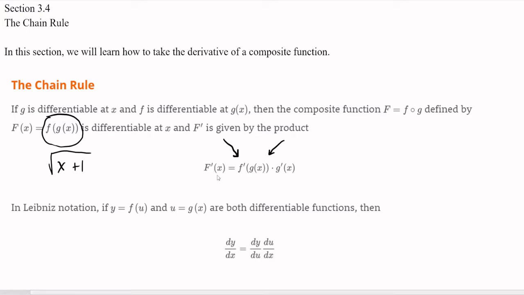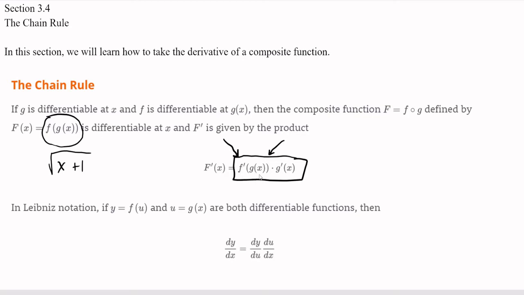Now, you see here different notation for this. I'm not a huge fan of this notation. I think it's more confusing to look at, so I would suggest just sticking with this. F prime of g times g prime. I'll even say it a little bit more to emphasize this is not multiplication. F prime of g, got to plug g back in, times g prime. That's a common mistake, multiplying f prime and g here.